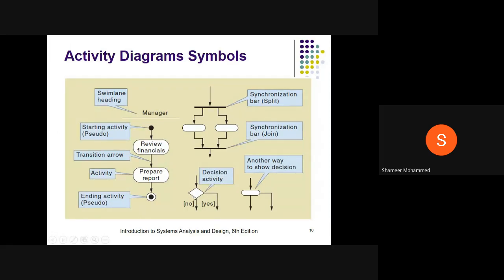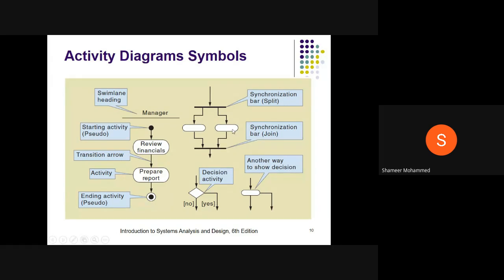If balance is greater than 100, send. If balance is not greater than 100, don't send. Yes or no, decision activity, this symbol can be drawn. This is another way to show the decision. One way, yes or no.